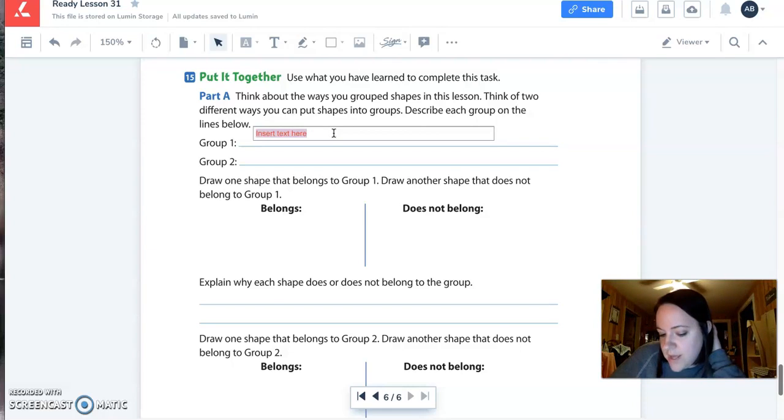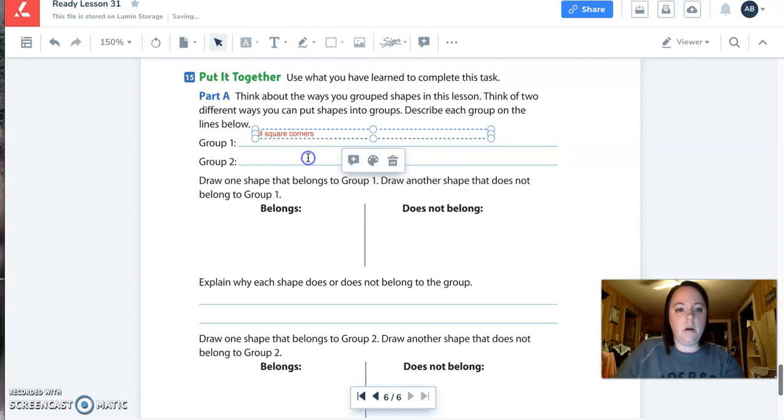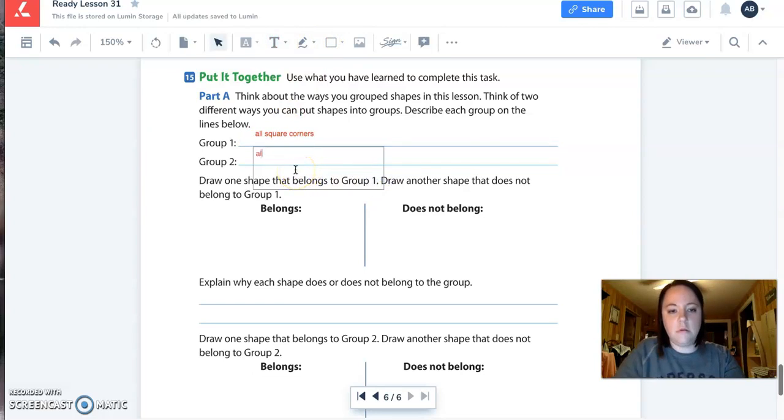Let's do one group that has, let's say, all square corners. Our group 2 can be all sides are equal. We could do that.